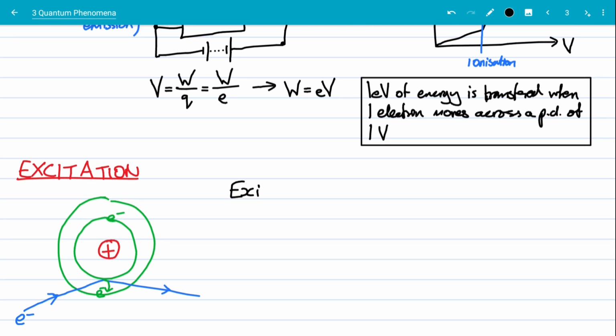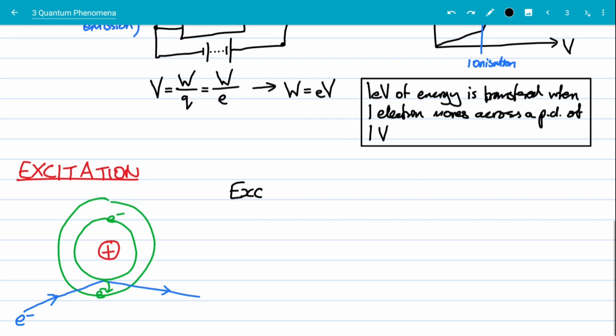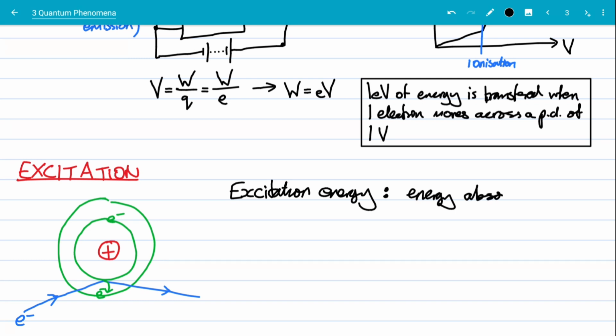So what is excitation energy? Excitation energy is the difference in the kinetic energy of the electron coming in and coming out, the bombarding electron coming in and coming out. It is the amount of energy that can be absorbed by the atom when it becomes excited. So make a note of that. Energy absorbed by atom.